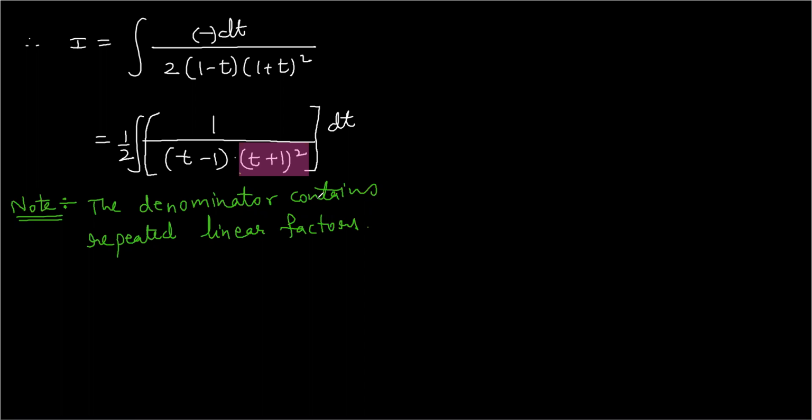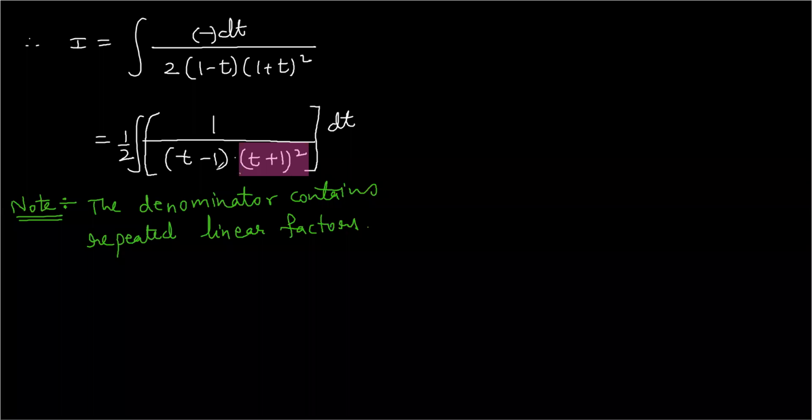So let us solve this problem. In a previous lecture, lecture number 22, I had taught you how to resolve a fraction into two or more fractions when you have linear distinct factors.